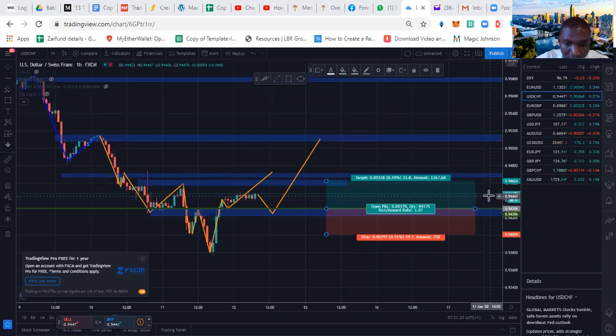Then stop loss is under here: 0.94000. All right, so that's our first trade signal for this morning.